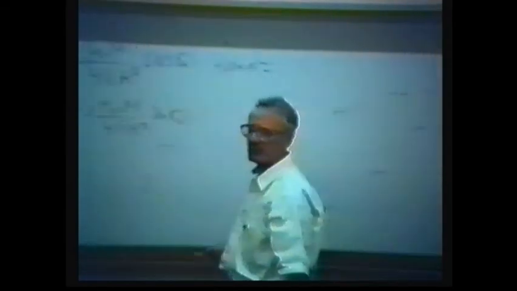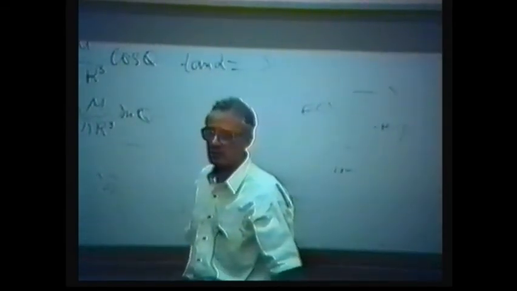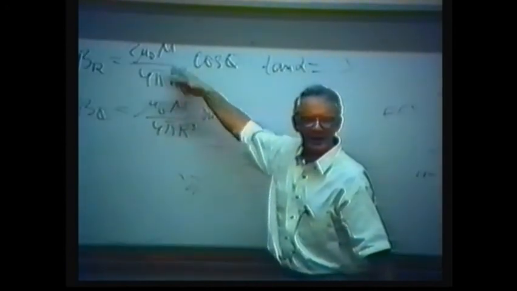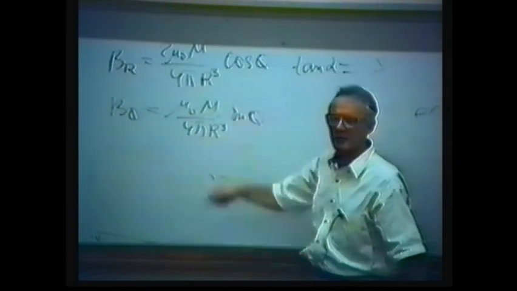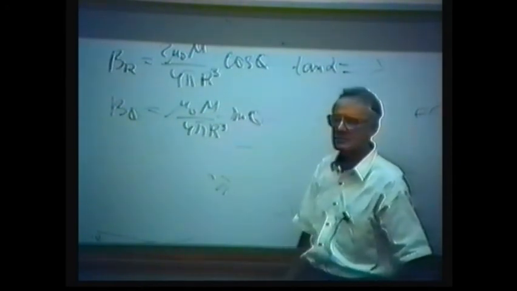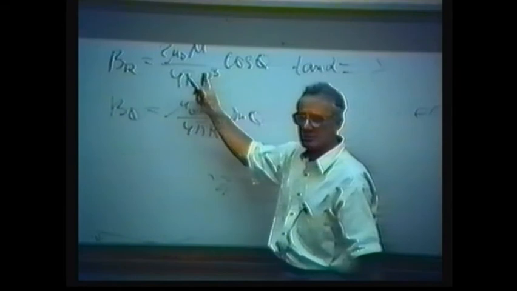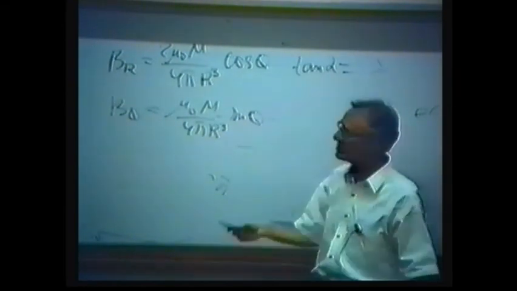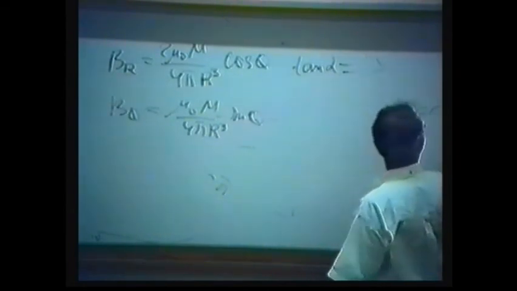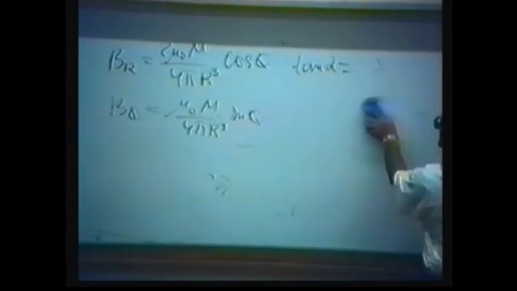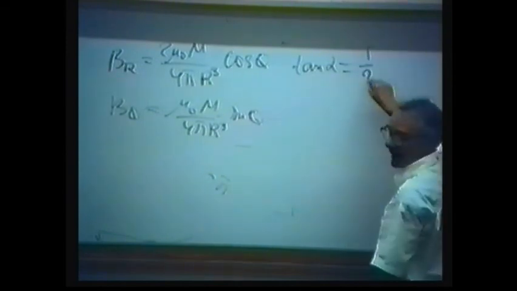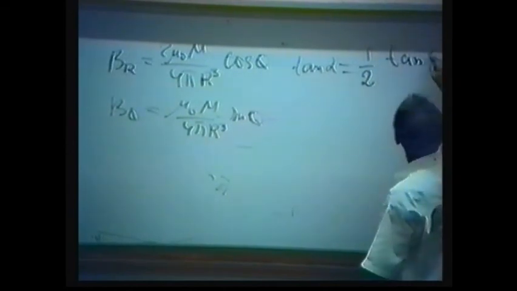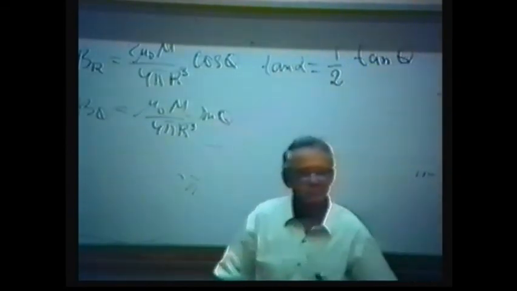True? True or not? So can you look at this B theta over BR, save my time, my efforts, take the ratio, what would happen? 4 pi out. R out. What is left? Where are we? Sorry, I'm in trouble. Equal to 1/2 tangent theta.